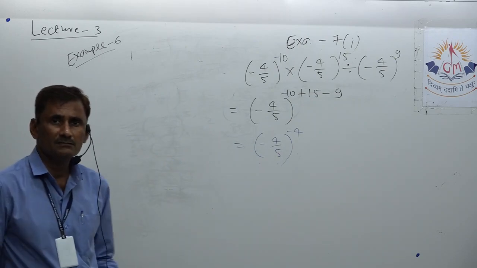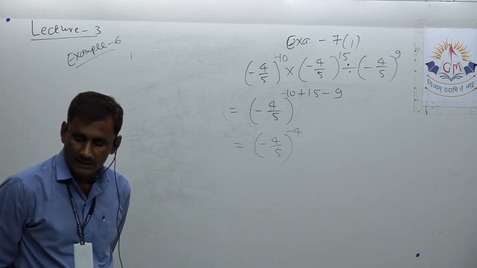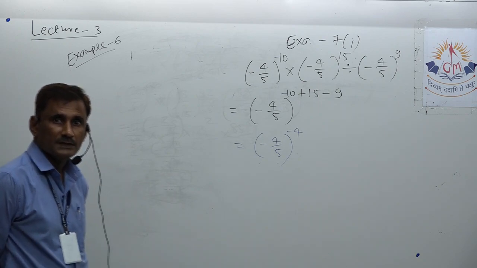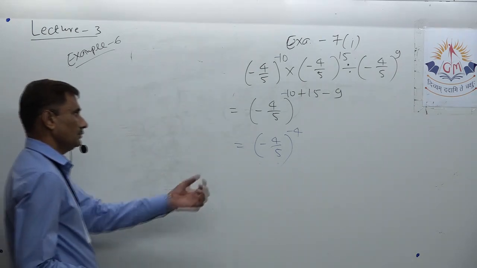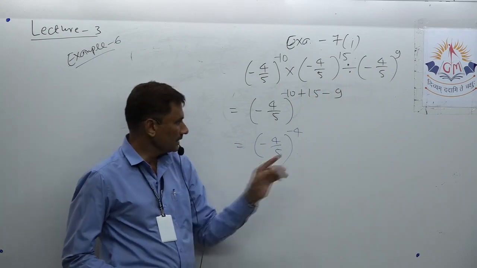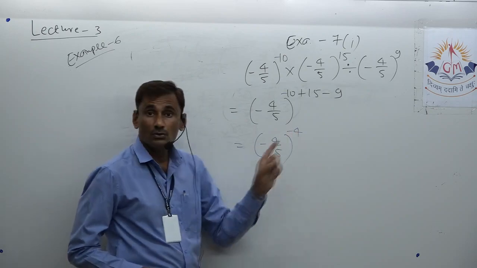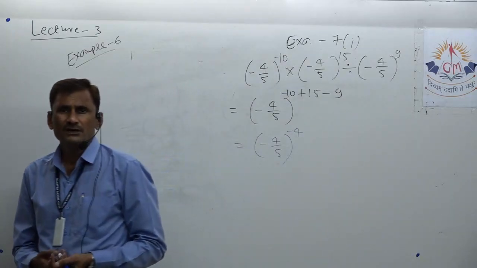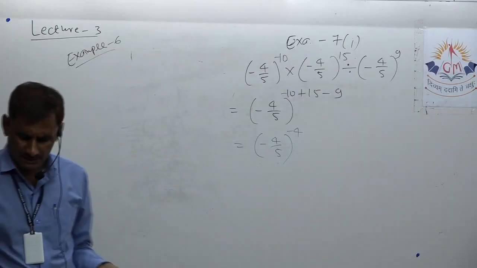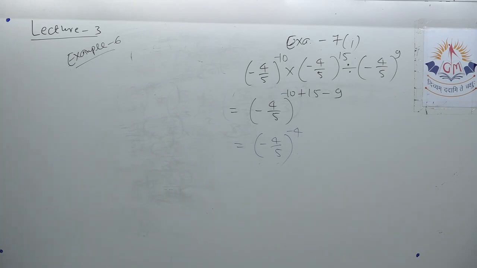What is written in the instruction? Express the following into a single exponential form. Single exponential form means, you know, there are three bases here and one only. Okay, you can write if you want minus 5 by 4 raised to 4 also, but we do not expect to simplify here. Okay, because they want only single exponential form, so that we got.